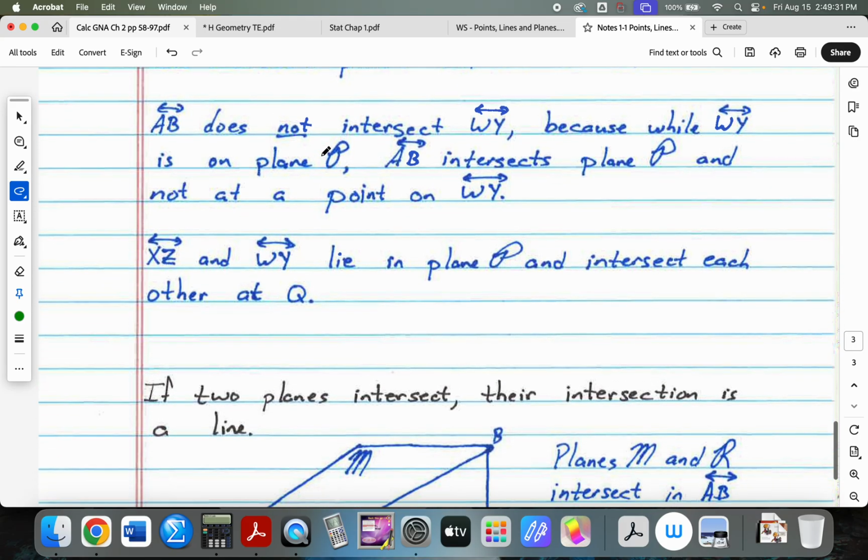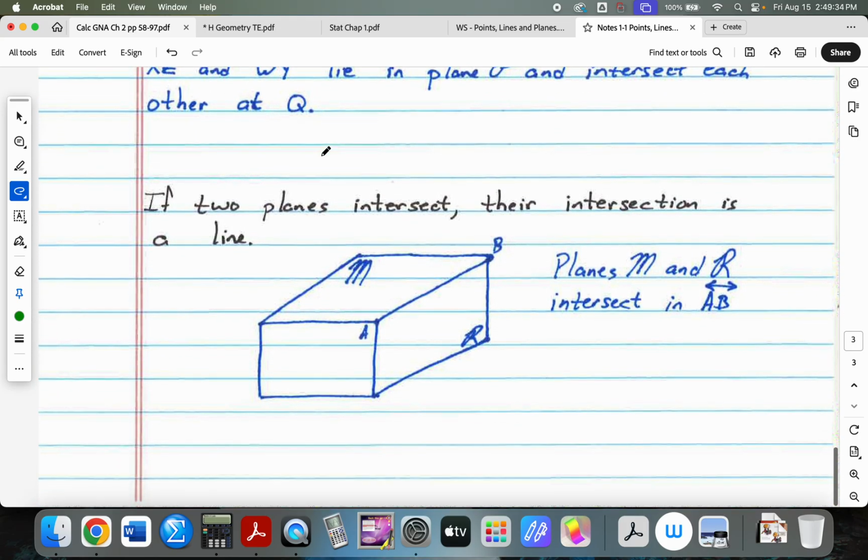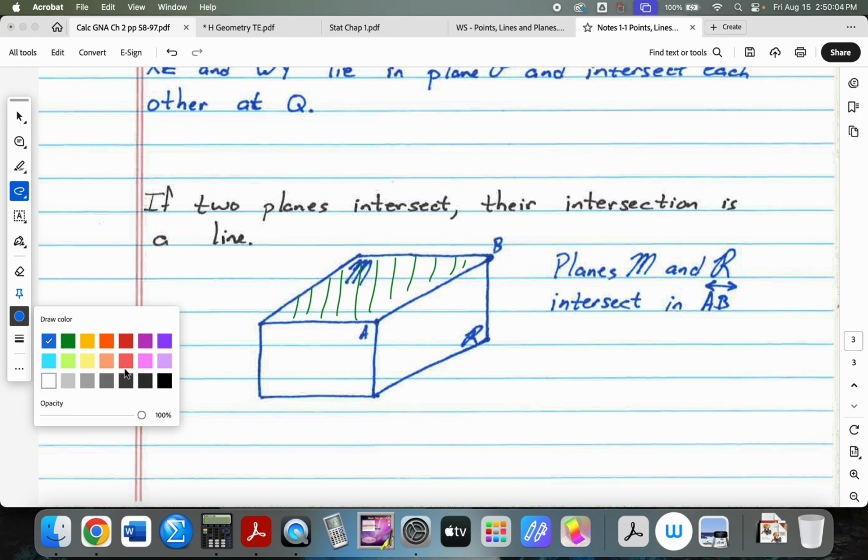All right. Last thing, if 2 planes intersect, their intersection is a line. So we're just going to do a little bit of shading on this. Plane M, this is like a box, right? So if you can imagine, a cardboard box or something. Plane M is the top. We'll just shade that in. And I'll use a different color.